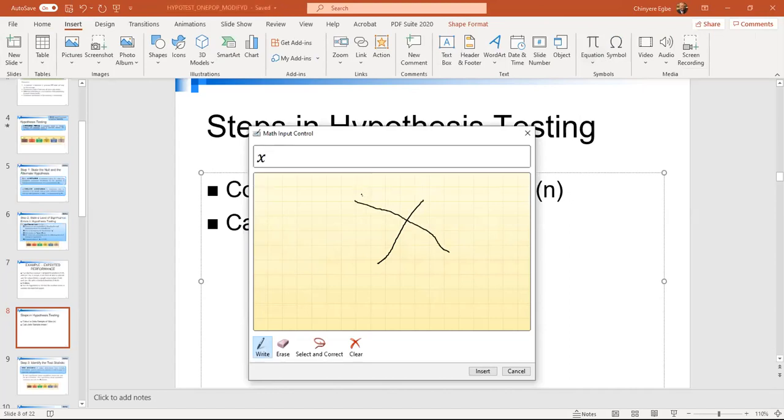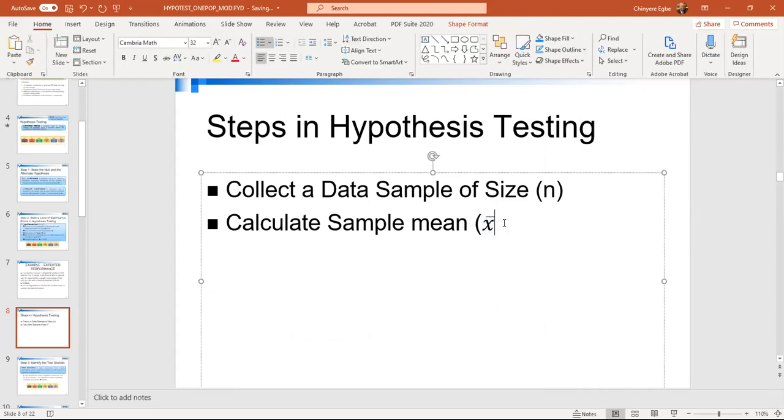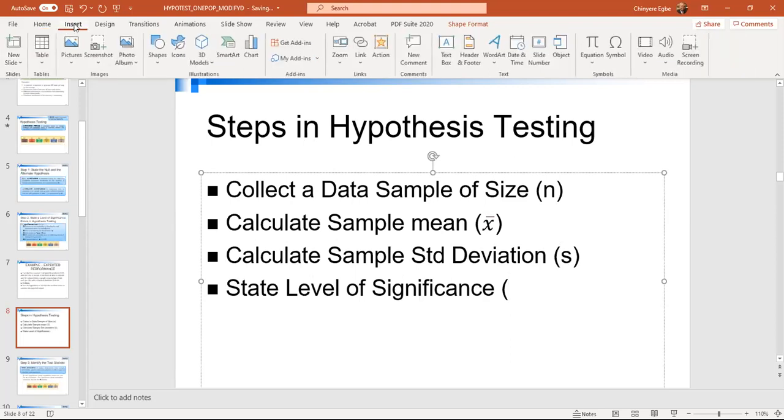So we'll collect the sample mean X bar. And then we'll calculate the sample standard deviation, S. And then we state the level of significance, alpha. The level of significance is alpha.